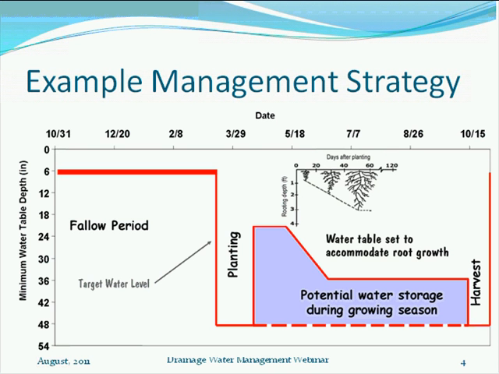Now, to meet the standard, you could just go ahead and leave that draining all summer long. But here's a suggestion, this part in the purple here. What if we were to actually try and get some crop yield benefit off of this drainage water management infrastructure that we've put into place? To benefit water quality, we might actually be able to use it to benefit water quantity too, just a little bit.